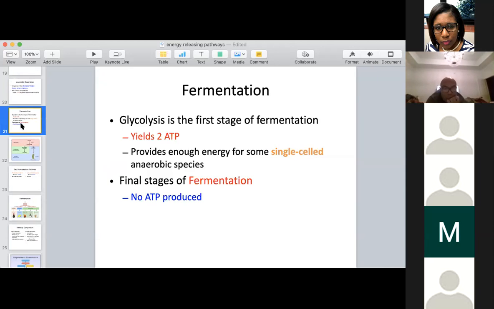So take home: in the absence of oxygen, glycolysis will start the same. We're still breaking down that glucose, getting our pyruvic acid, and getting 2 molecules of ATP from glycolysis. Then we shift into fermentation. There's no ATP produced during fermentation.